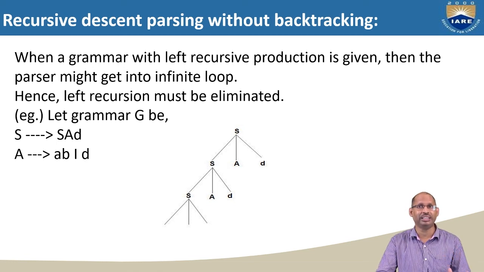If a mismatch occurs, then we select the second production. But every time due to the left recursion, the mismatch doesn't occur. So we go on applying the first production itself, which results in an infinite loop. So the drawback is, if there is a left recursion, it must be eliminated.